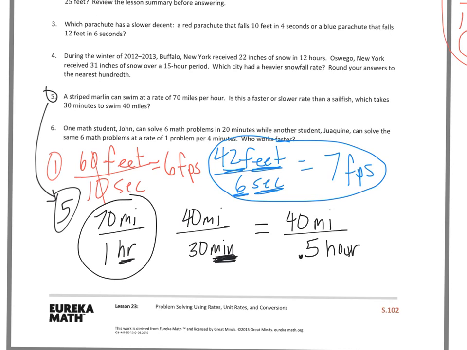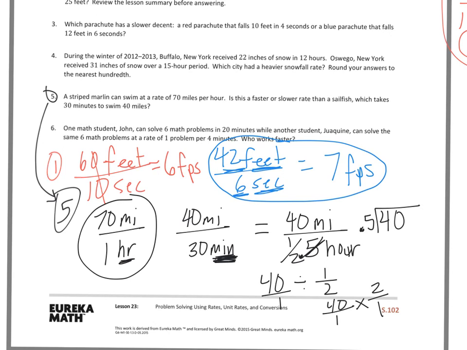And now I need to divide. So 40 divided by 5/10. And I could have done this as a fraction as well. Half, which would have done 40 divided by a half. And I know that I need to go 40 times 1/2.